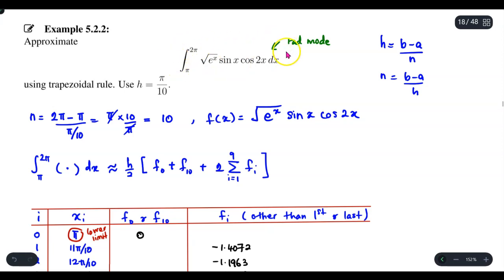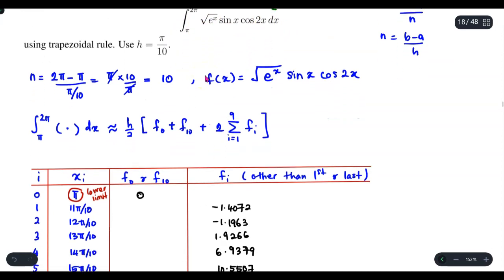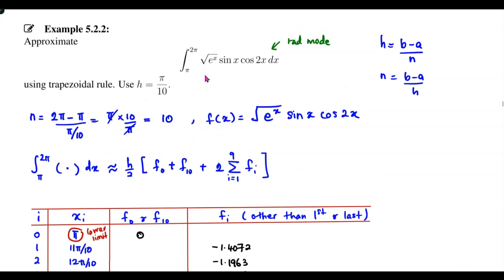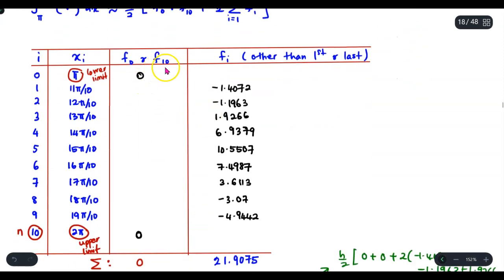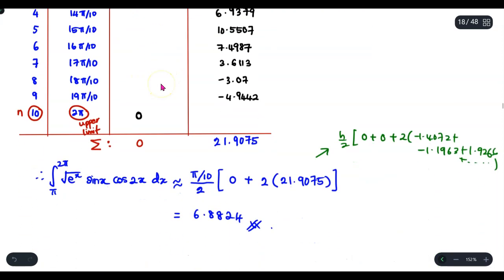If it is given in this way, the question would be more interesting, because you need to get your own values. So please review this carefully and make sure you understand every single step that you need to perform in the trapezoidal formula.